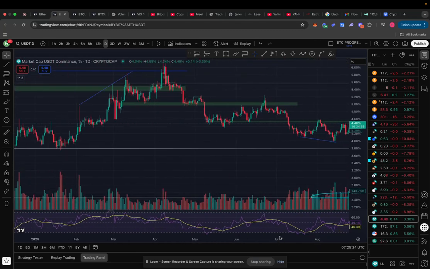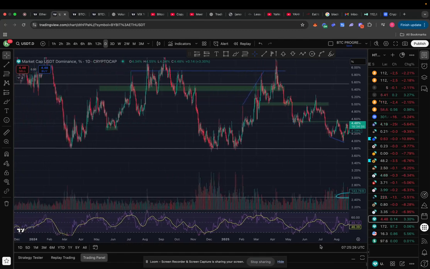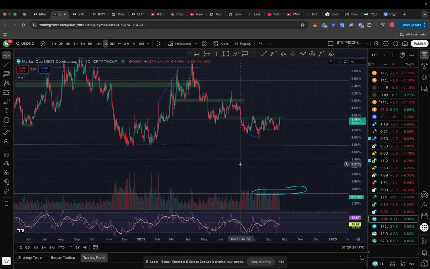So we had the same thing, a bullish divergence on a daily time frame, which is stronger. The higher you go up in time frames, the more reliable the setup is. So if you see a trade on a 1 hour, it won't be as reliable as when you see a trade on a daily time frame. Looking at this daily time frame, we saw a bullish divergence here, right?